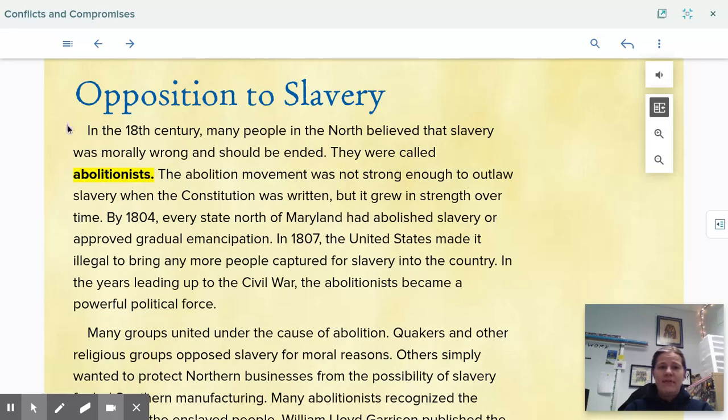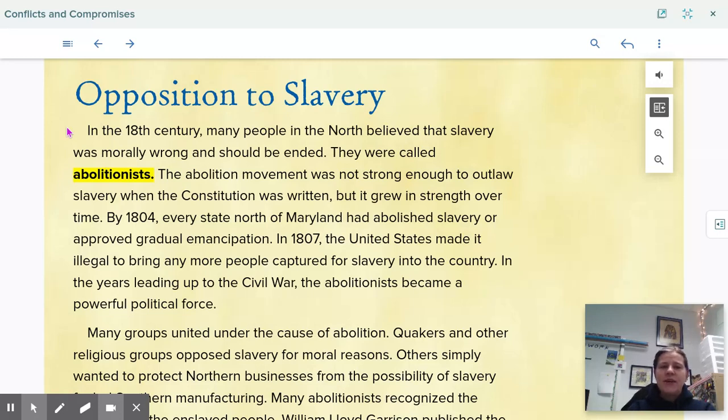Opposition to slavery. In the 18th century, many people in the North believed that slavery was morally wrong and should be ended. They were called abolitionists. The abolition movement was not strong enough to outlaw slavery when the Constitution was written, but it grew in strength over time.